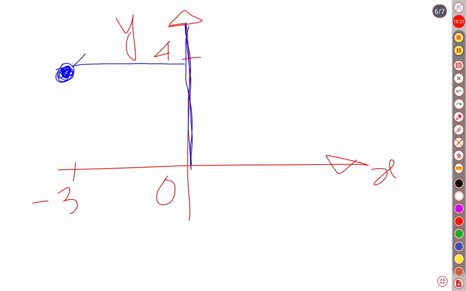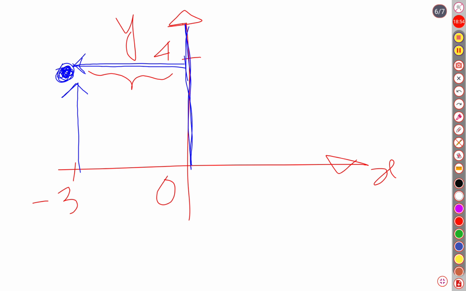Now let us see how much is the distance from here. We have surely counted negative 3 here, because in this direction we have counted x, and from here we have counted y. So this distance is nothing but the x coordinate.